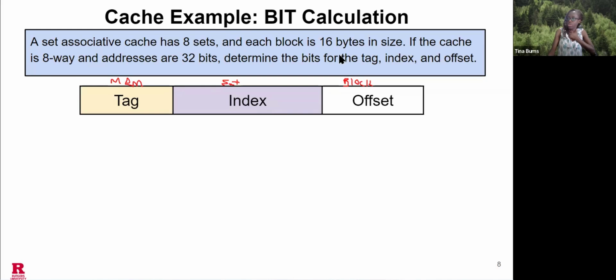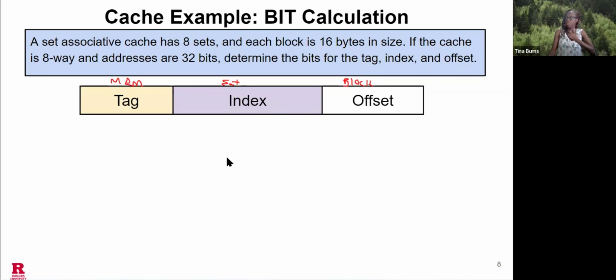So from this, if I want to determine what my offset bits are, do I have anything that tells me the number of blocks? Let's see. It says 8 sets. Each block is 16 bytes in size.